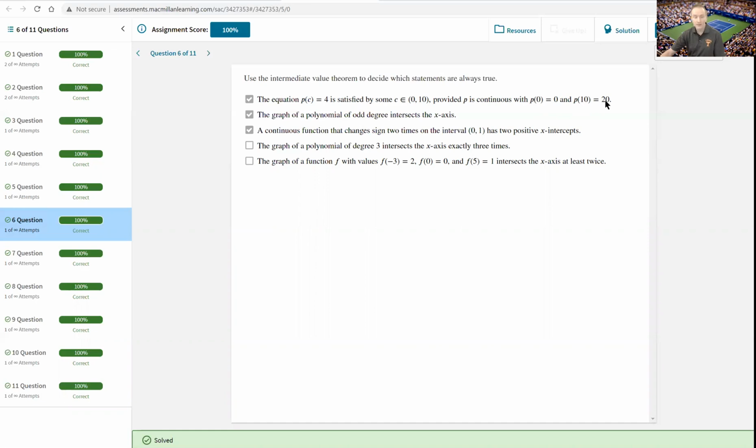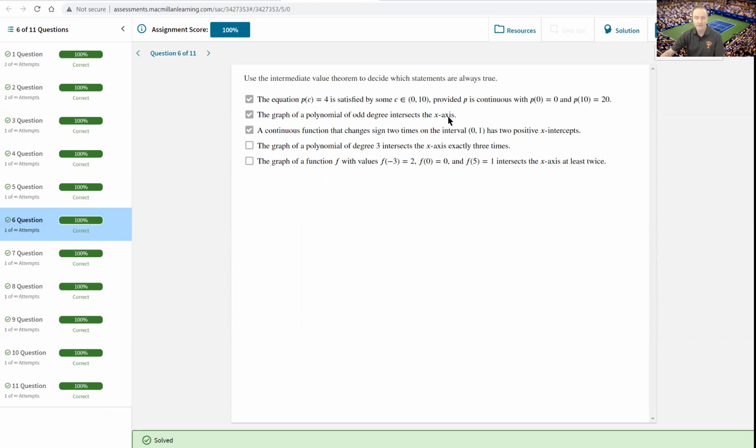Well, yeah, this is surely true. Since 4 is some number between y equals 0 and y equals 20, we know that there exists an x in between 0 and 10 such that f of x is equal to 4. Guaranteed result of the intermediate value theorem. Gorgeous. Check that one.